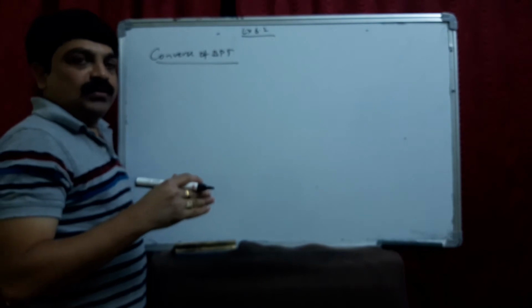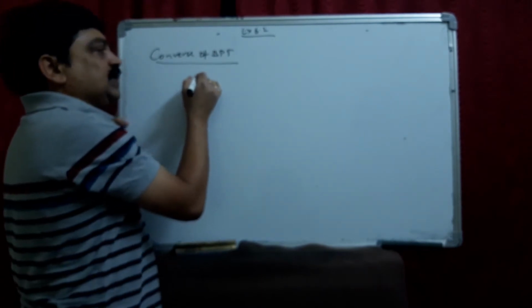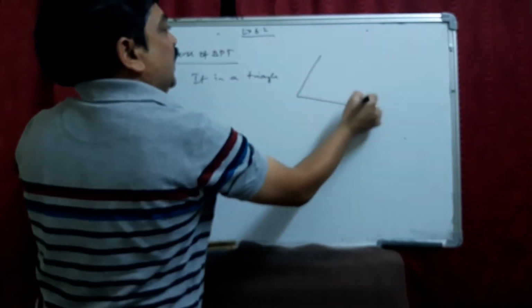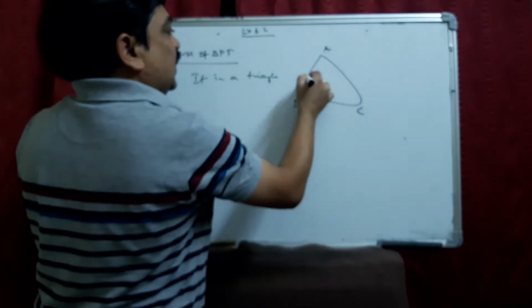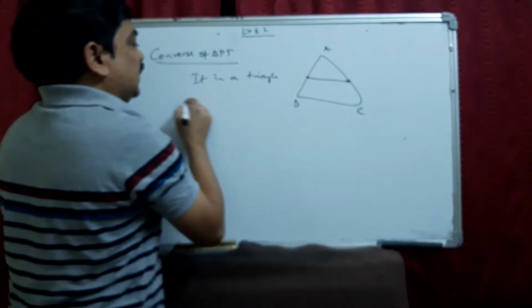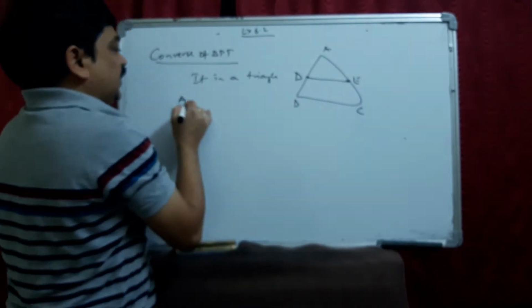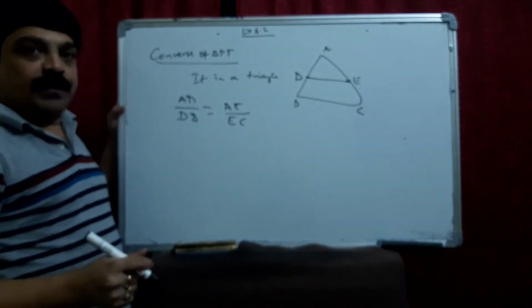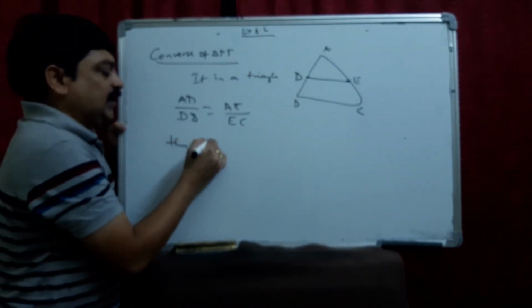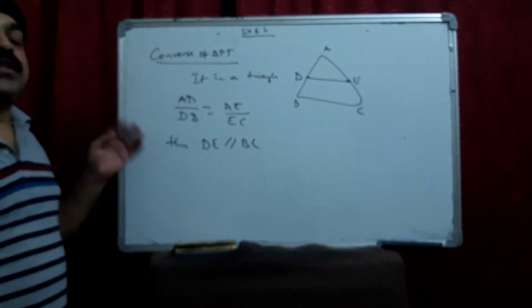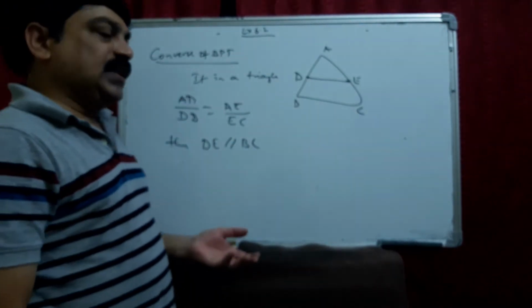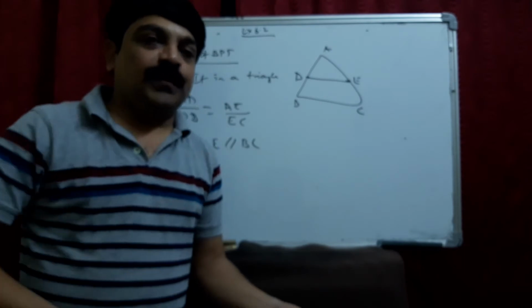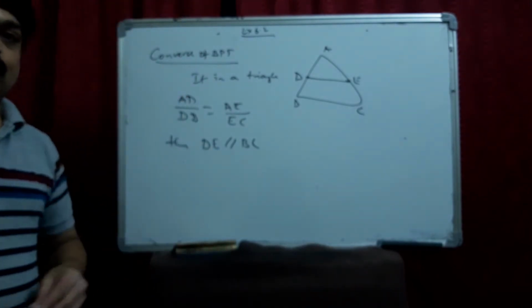If a line is drawn parallel to a side, the ratio holds. The converse of BPT says if in a triangle ABC, with DE drawn, AD by DB is equal to AE by EC, that means if the ratio holds, then that line should be parallel to the other side. This is the converse of BPT. Very simple. BPT says if a line is parallel to one side, then the ratio holds. The converse says if the ratio holds, then the line is parallel to the other side. Okay?